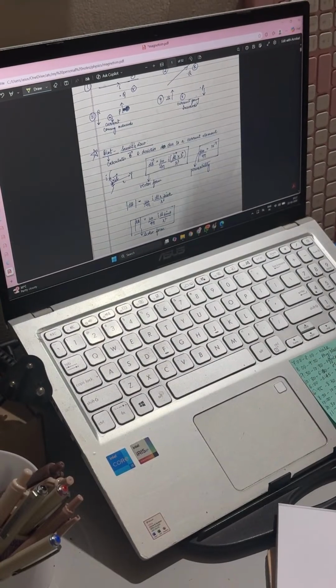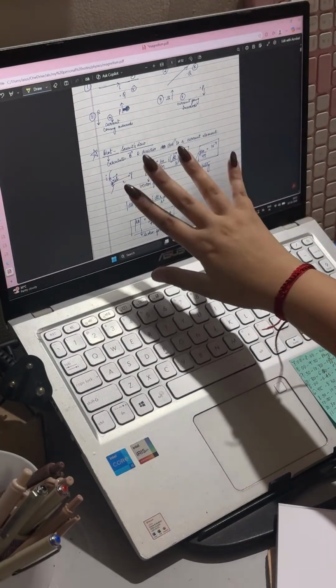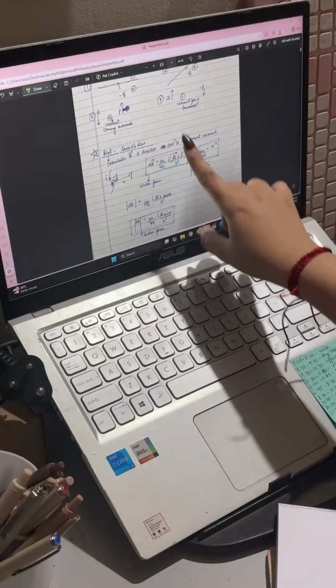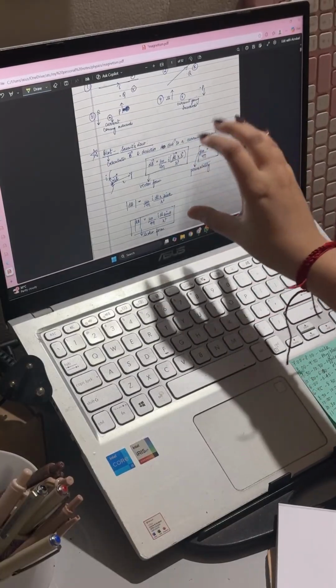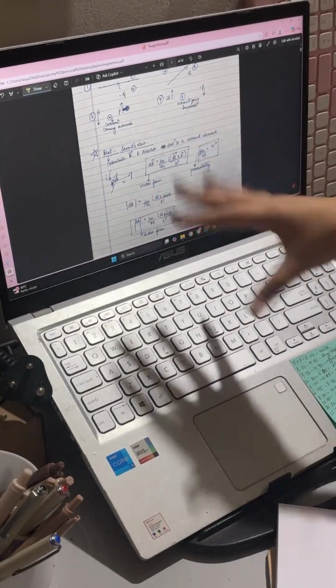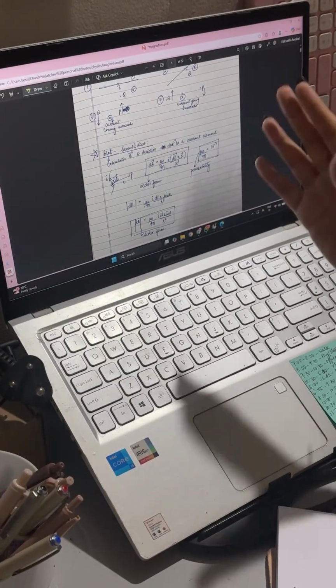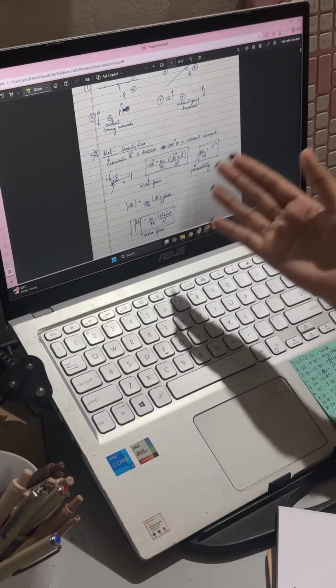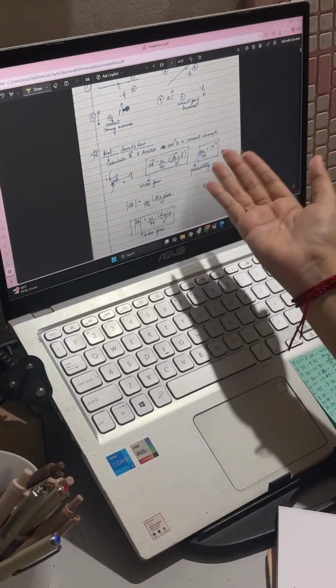Next is the Biot-Savart's law. What does it give us? It calculates the magnetic field and its direction. Here we study that magnetic field is produced due to the current element. Because of this law we get the formula where we get a relation between how the magnetic field is generated due to the current element.